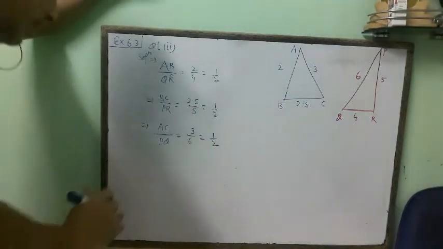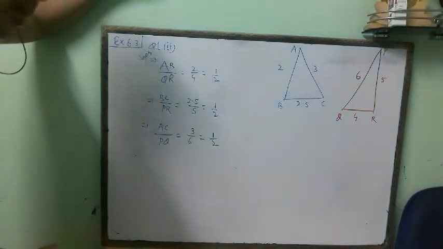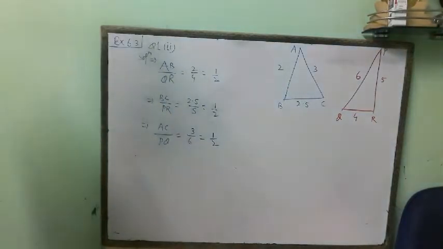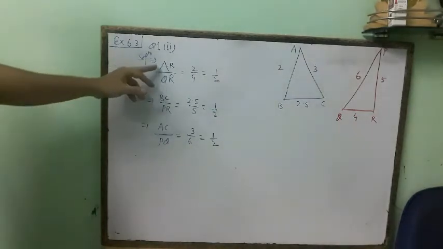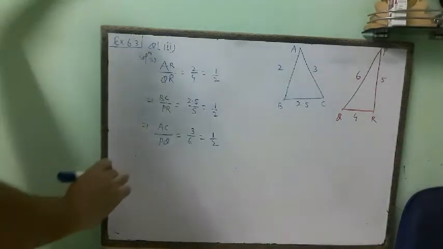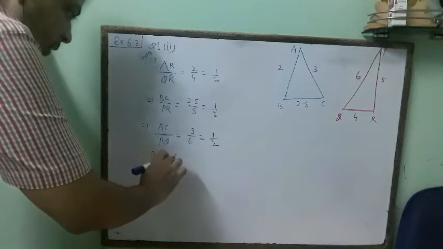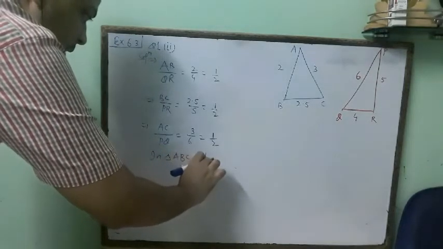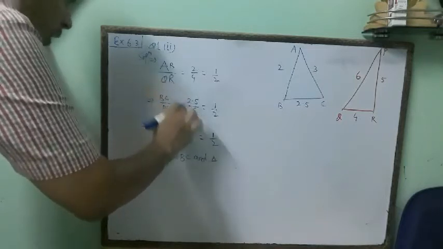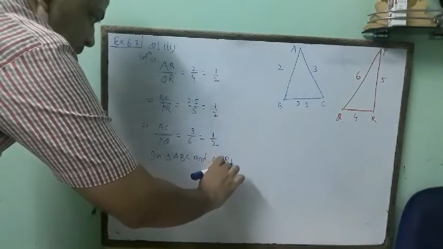Then we can say that we must choose the naming of the triangles carefully. The naming of the triangle is a very essential part of similar triangles. So we choose the naming with A corresponding to Q: triangle ABC and triangle QRP.